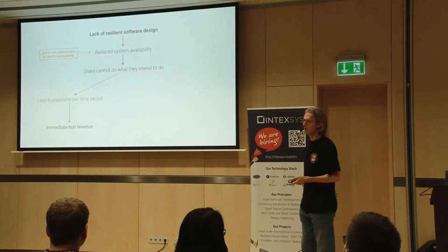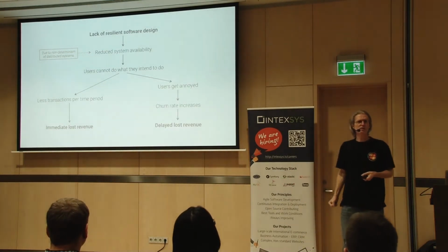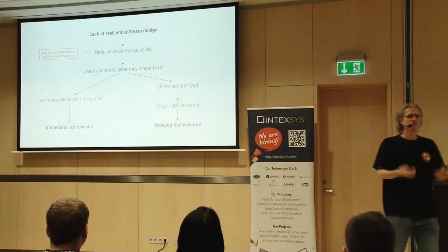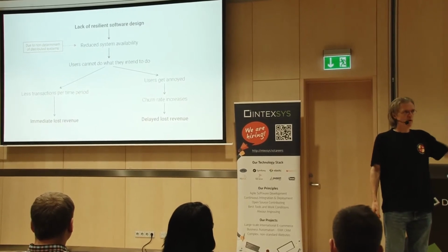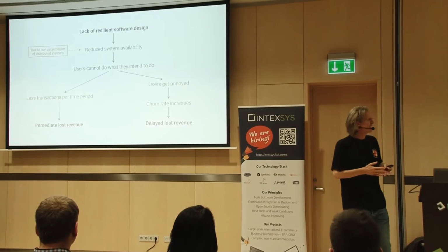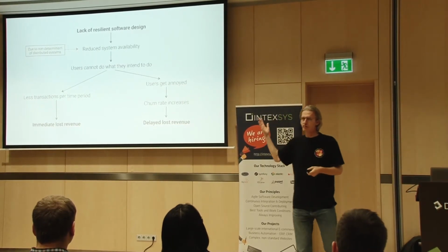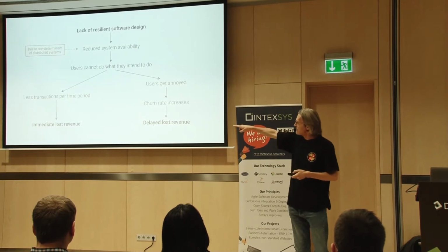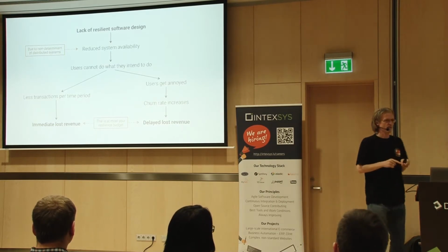You lose money by not being resilient. And the other one is, users really get annoyed over time if that happens over and over again. So they will walk away to your competitor whose systems run reliably. It's called churn rate in marketing terms. And so it's delayed revenue cost. And these are the two things that give you the budget for doing resilient software design.